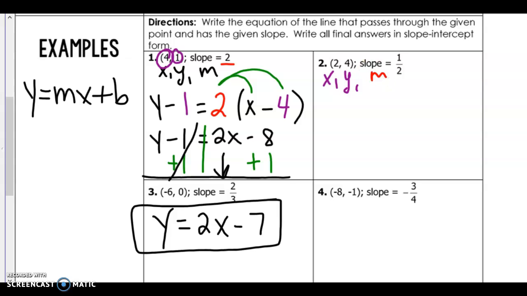Remember, I start off with y minus something equals, leave a blank, for your x minus something. The first blank is y minus y1. In this case, the y1 is 4, so you plug that in where the y1 goes in the equation.